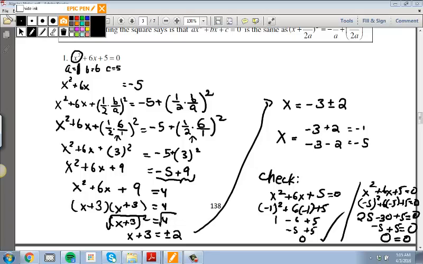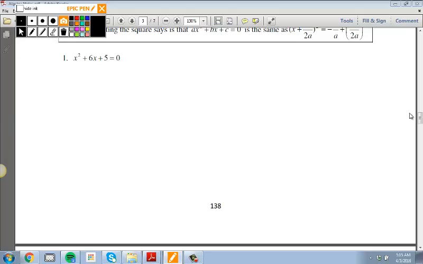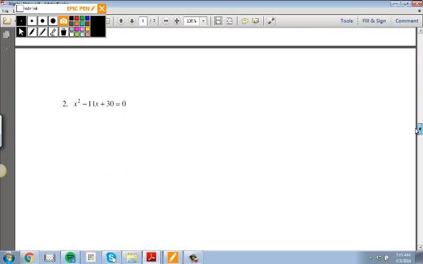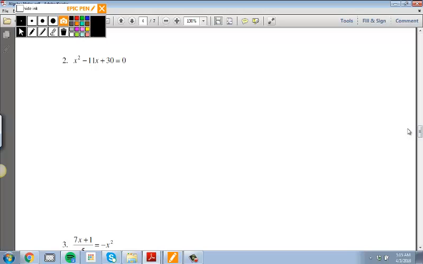Alright, so now let's look at page 139. x squared minus 11x plus 30 is equal to 0. Again, I want to make sure this a, the number in front of x squared, is 1. In this case, b is negative 11 and c is 30.